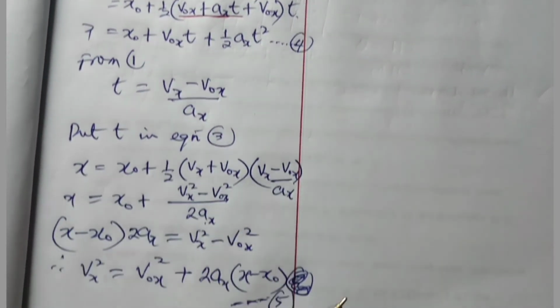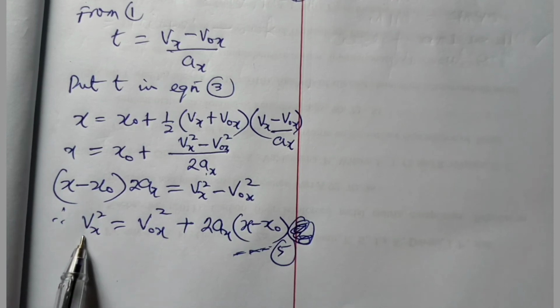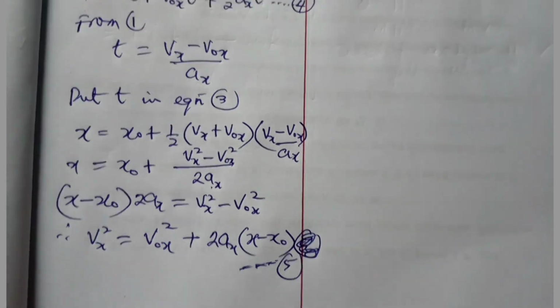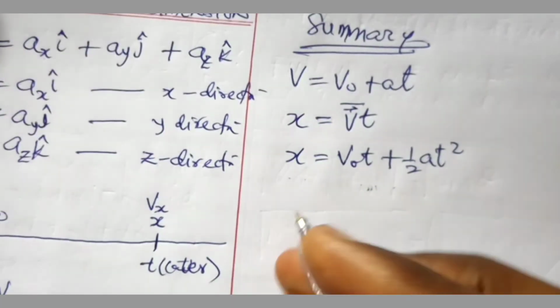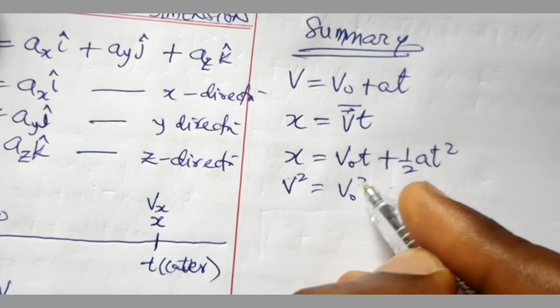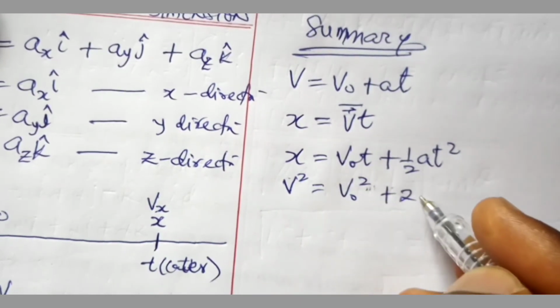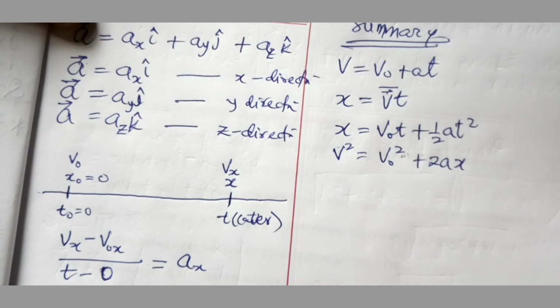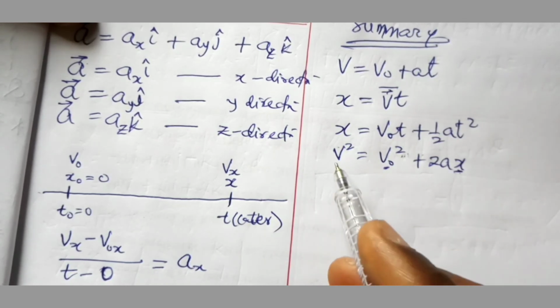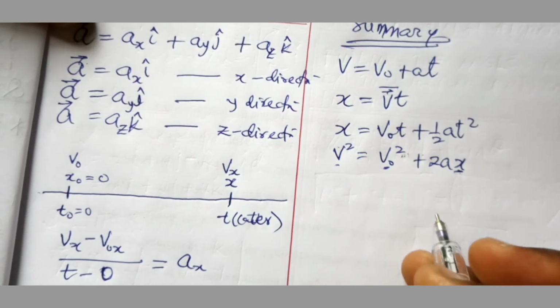And the last equation will become v squared equal to v0 squared plus 2ax, where x is our displacement, v0 is the initial velocity, and v is the final velocity. Thanks for watching.